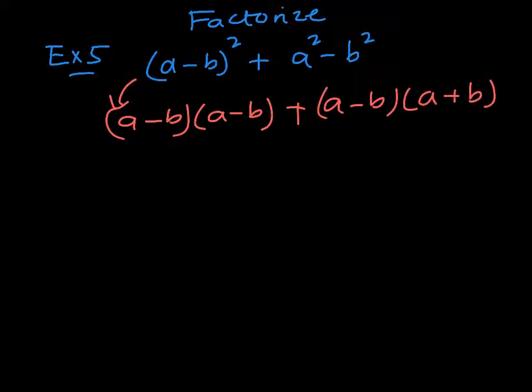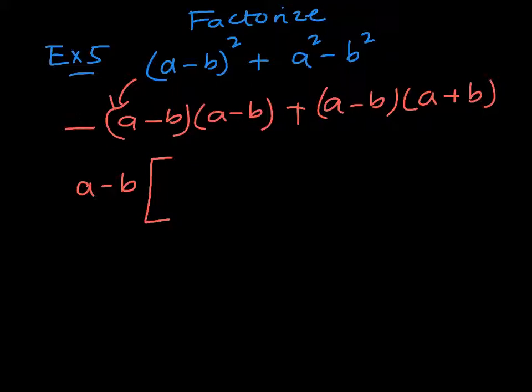So it's written as (a - b)(a + b). Okay, so now how do we factor out? Are there things that are common to both sides? Yes, a - b appears to be common, so we factor out a - b, and then we write the bracket.